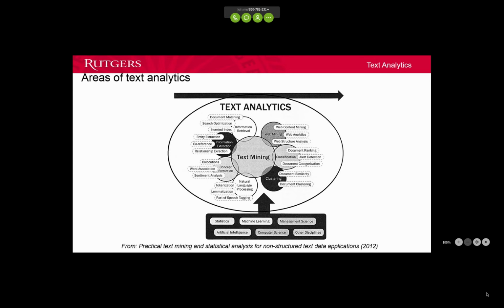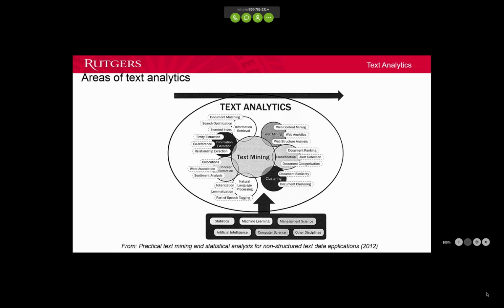So this graphic comes from a book called Practical Text Mining and Statistical Analysis for Non-Structured Text Data Applications. It says there's this domain called text analytics, but there are many areas.